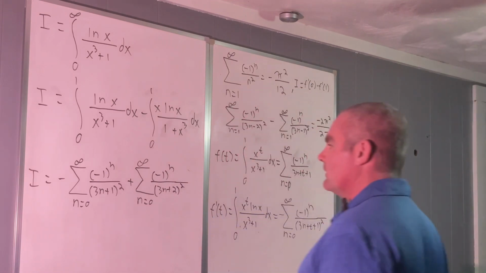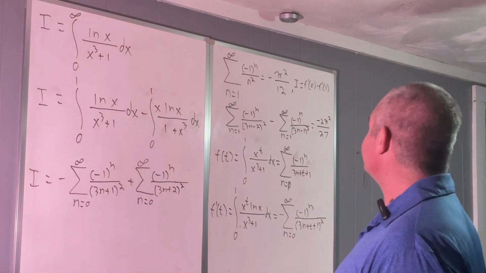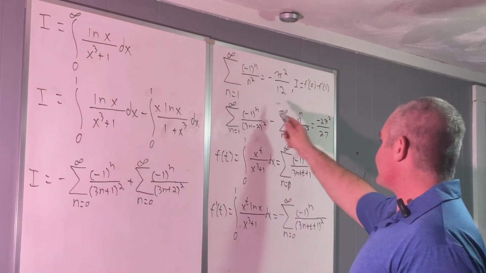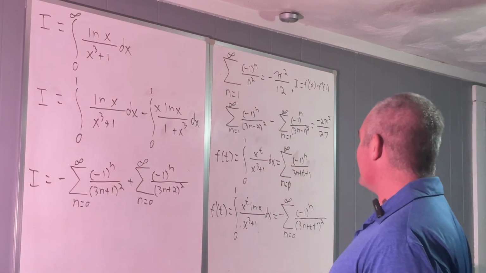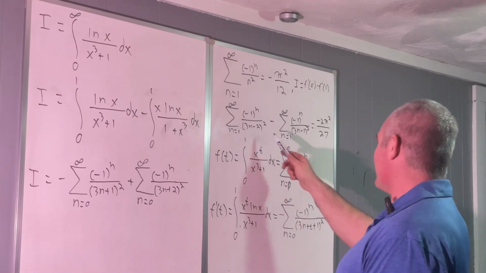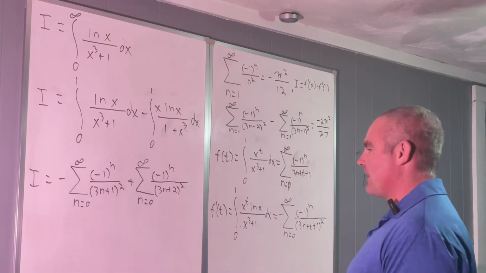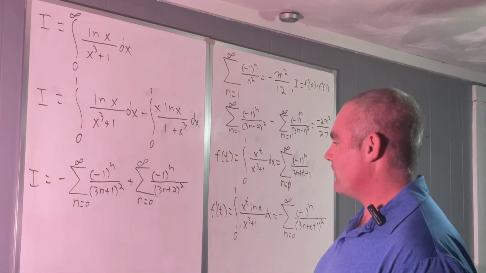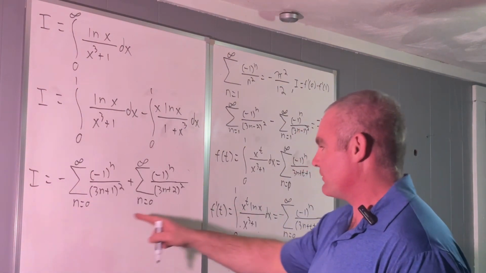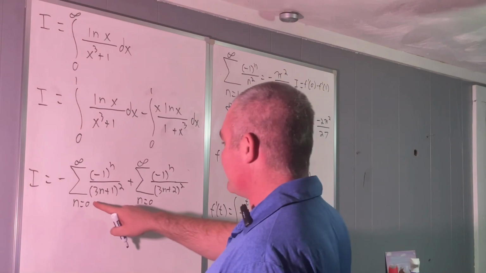Okay. All right, what now? Well, we almost have this, except we have a plus 2 and a plus 1 instead of a minus 2 and a minus 1, and our n starts at 0 instead of 1. So first, let's take care of the fact that our n is starting at 0 here. We'll use a familiar trick.